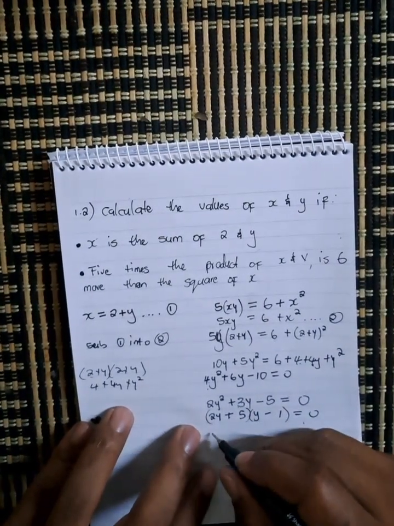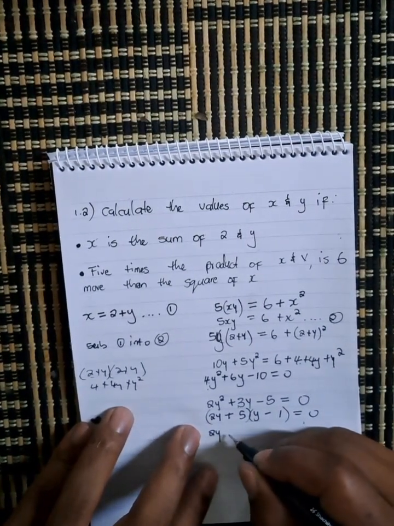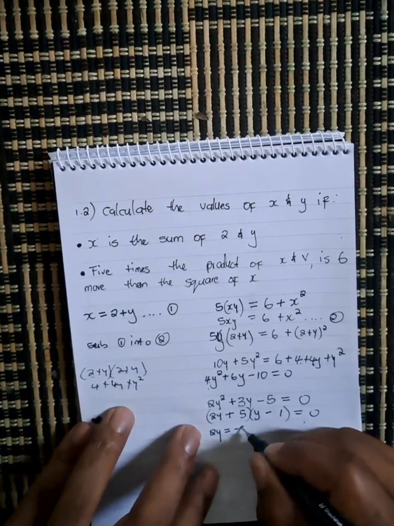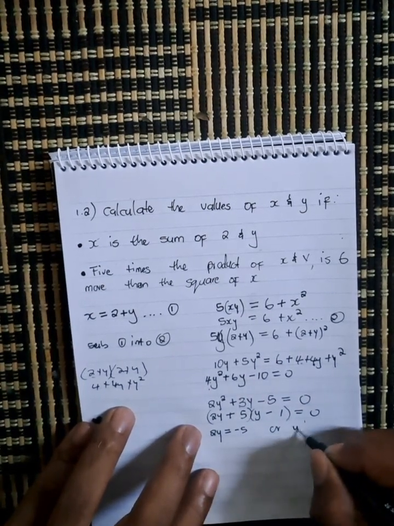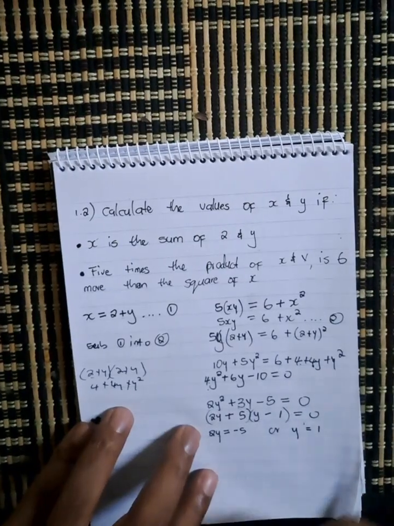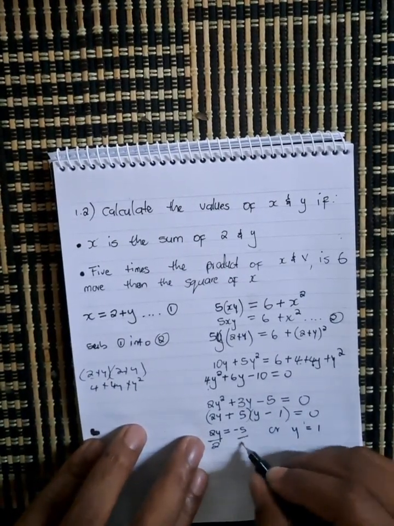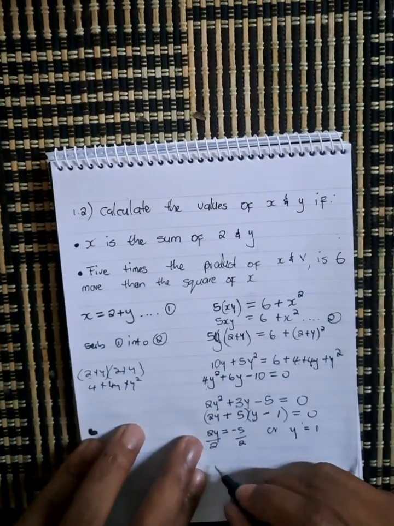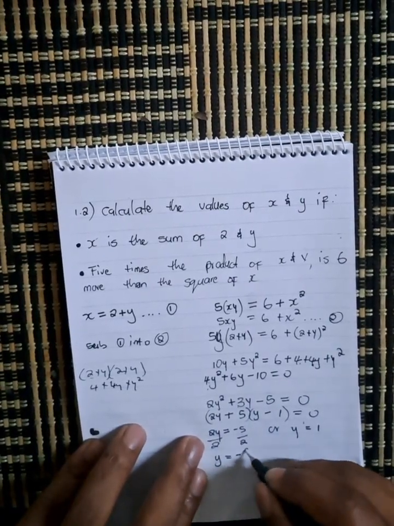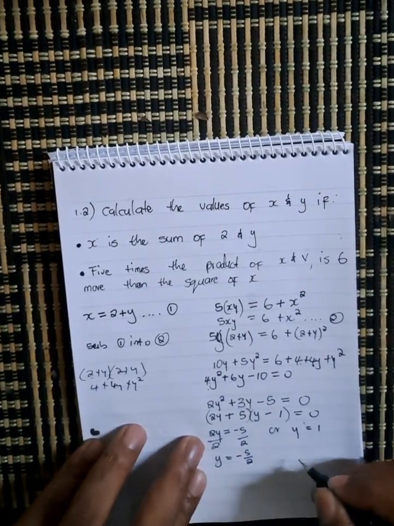So 2y equals -5 or y equals 1. How do we solve this? We divide by 2 on both sides, and then y equals -5 over 2.